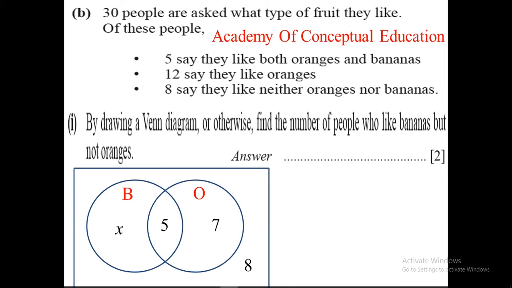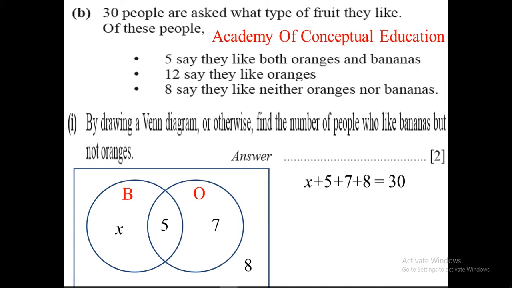Now we don't know the number of people who like bananas but not oranges. So we will write x in the remaining portion of the circle B. So now the total number of people is 30.